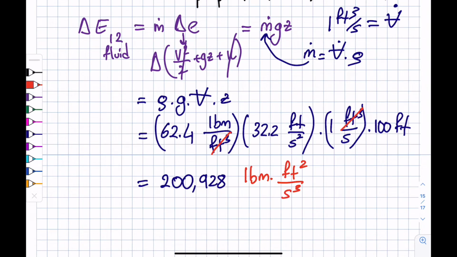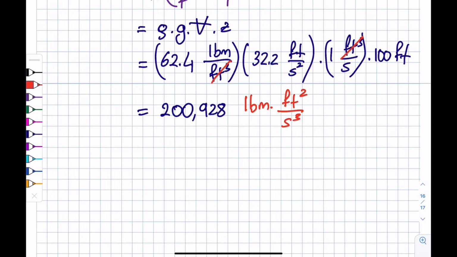Here's the problem. This is fine, there's nothing wrong with this, but I do not know the conversion of this unit into horsepower. I know the conversion from pound force, so I need to convert this to pound force. If you look at my video 1.2, you will see that 1 pound force is equal to 32.2 pound mass times feet per second square.